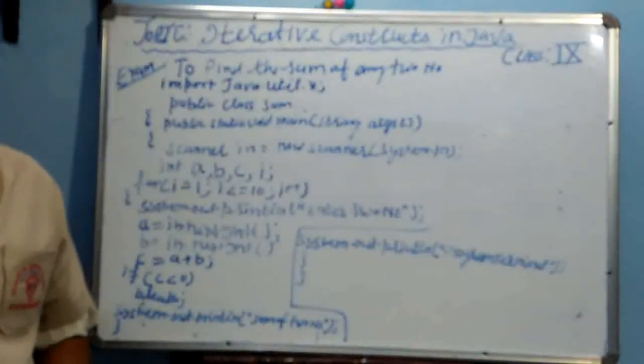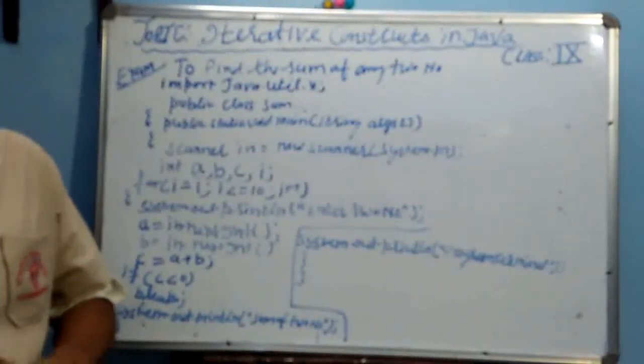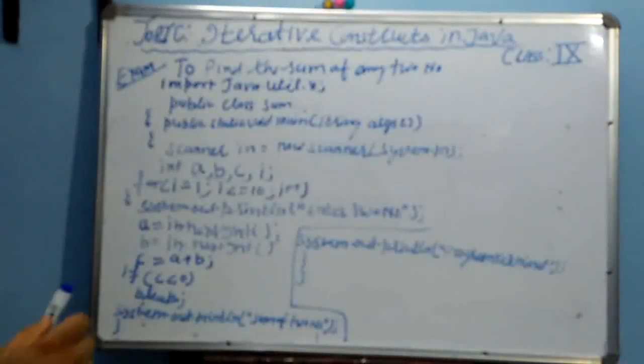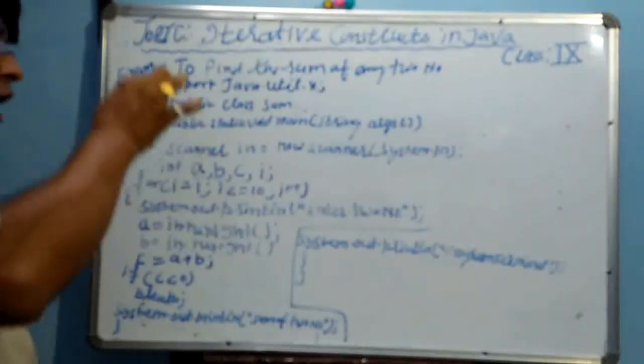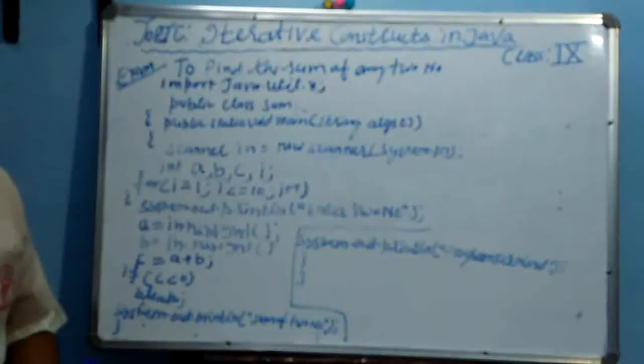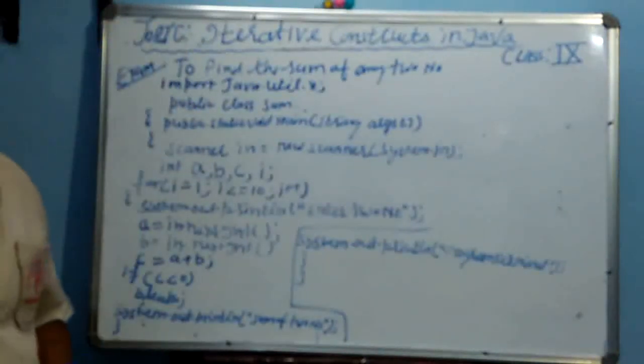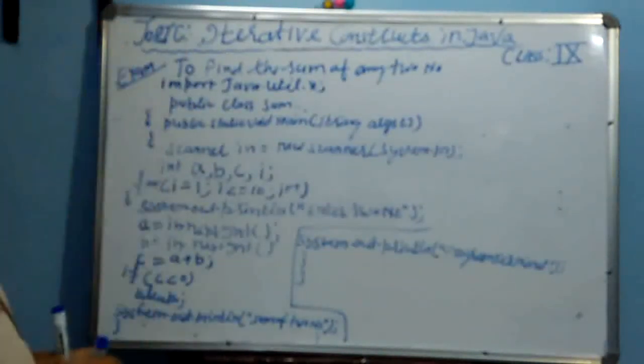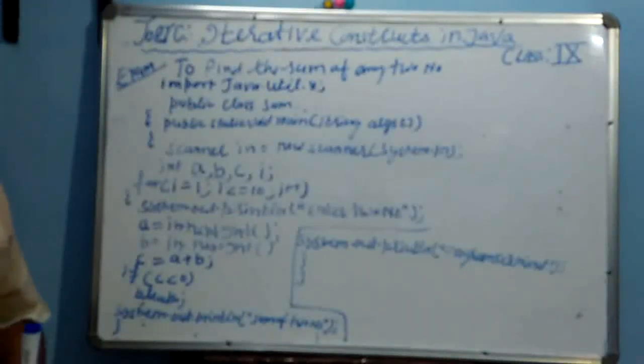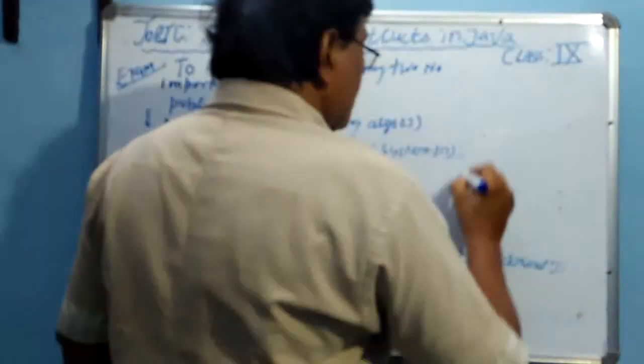Now you see how it will run the program. When you complete your program and after that you compile, after the compilation you will see what the output will be. I am writing the output here.